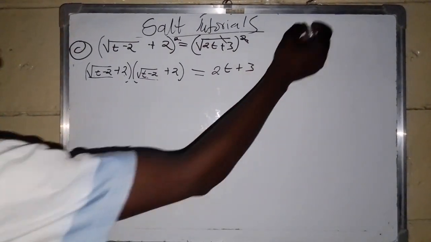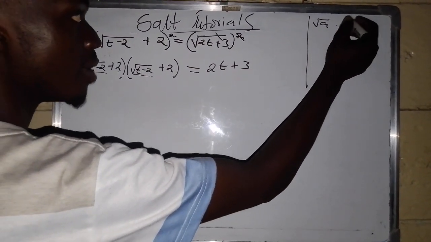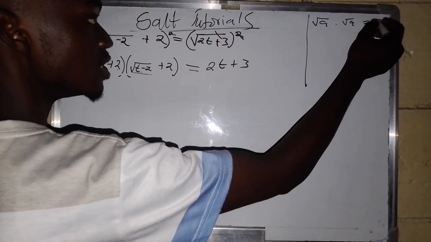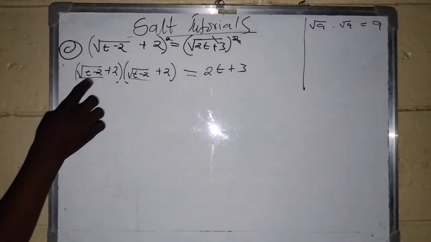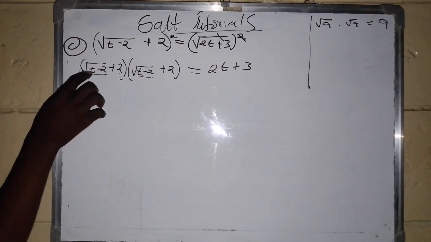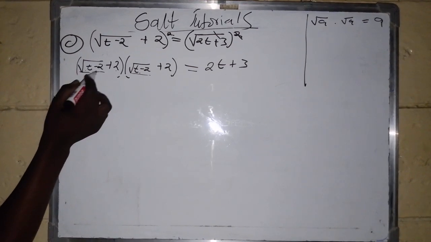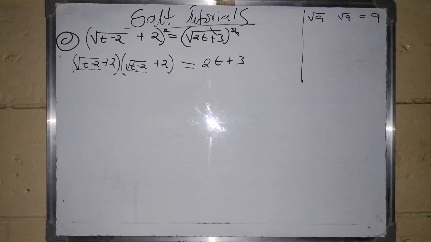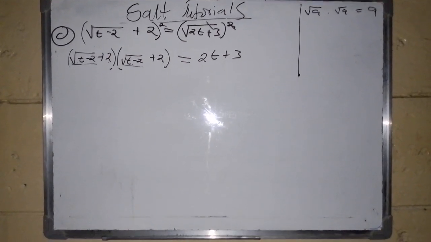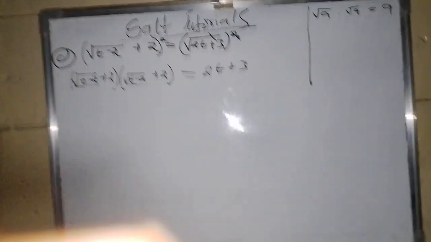It is being brought from the concept of us saying root of a multiplied by root of a, which is just the same as saying a. Okay? So now, the root of t minus 2 and t minus 2, this is more like our a. Inside here is our a because it's identical, it's the same value contained in that root.